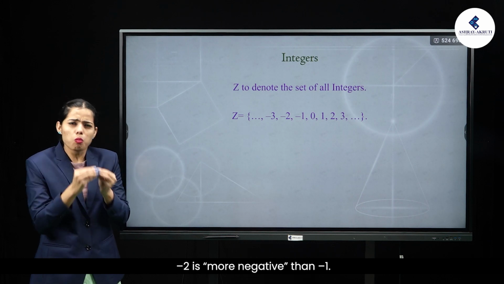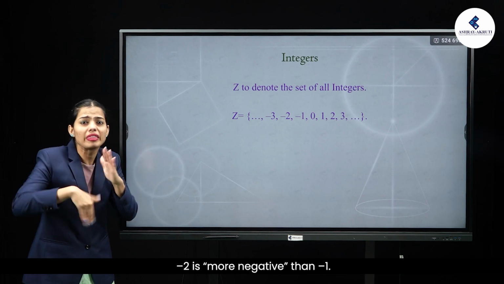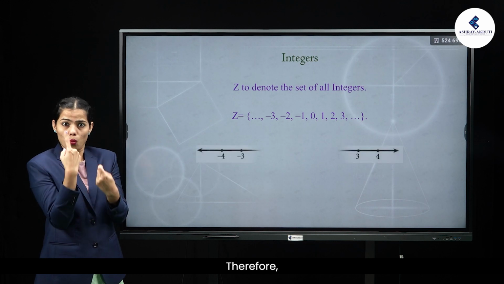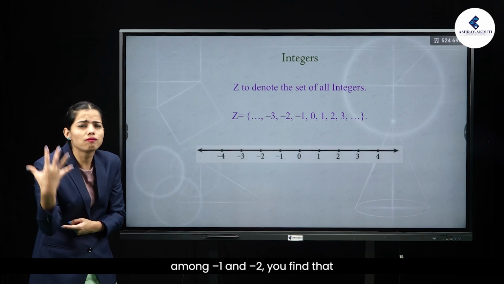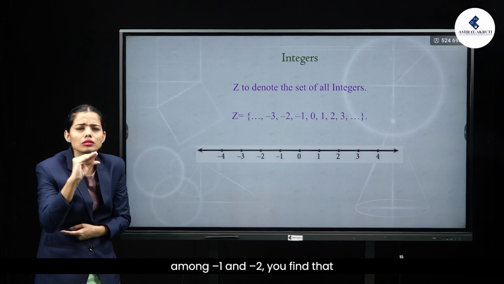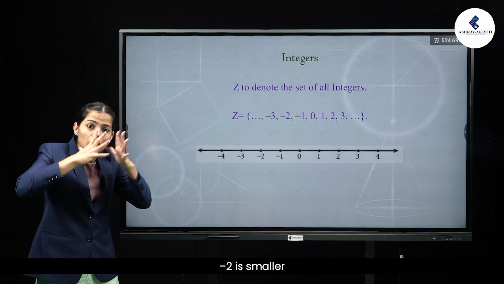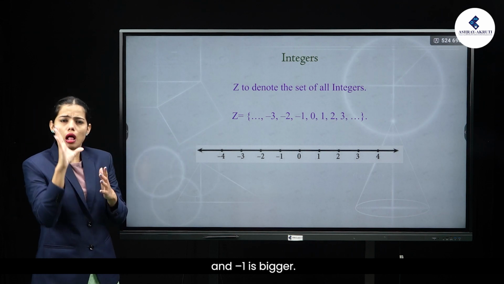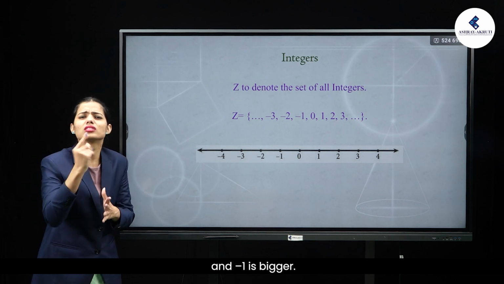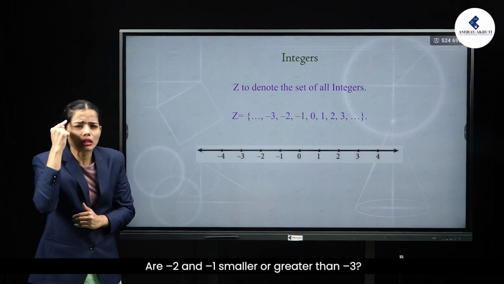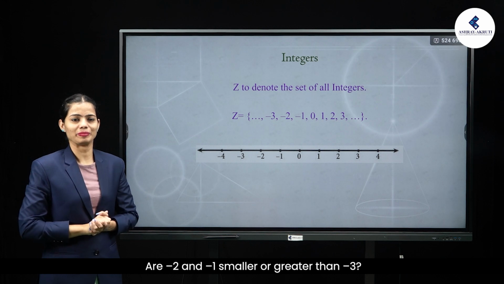Note that minus 2 is more negative than minus 1. Therefore, among minus 1 and minus 2, you find that minus 2 is smaller and minus 1 is bigger. Are minus 2 and minus 1 smaller or greater than minus 3?